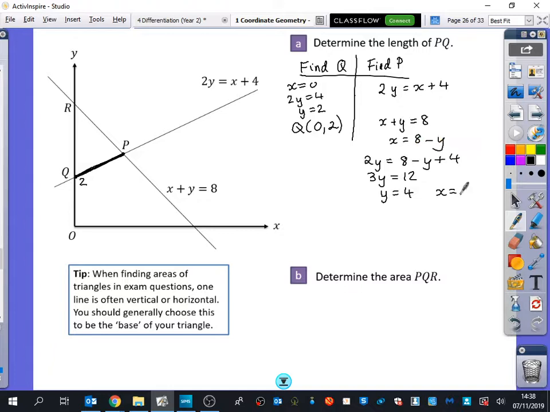Because the coordinate P is 4. Add on that 4, 2 and 0, 2 and Q. That means Q is between Q's.